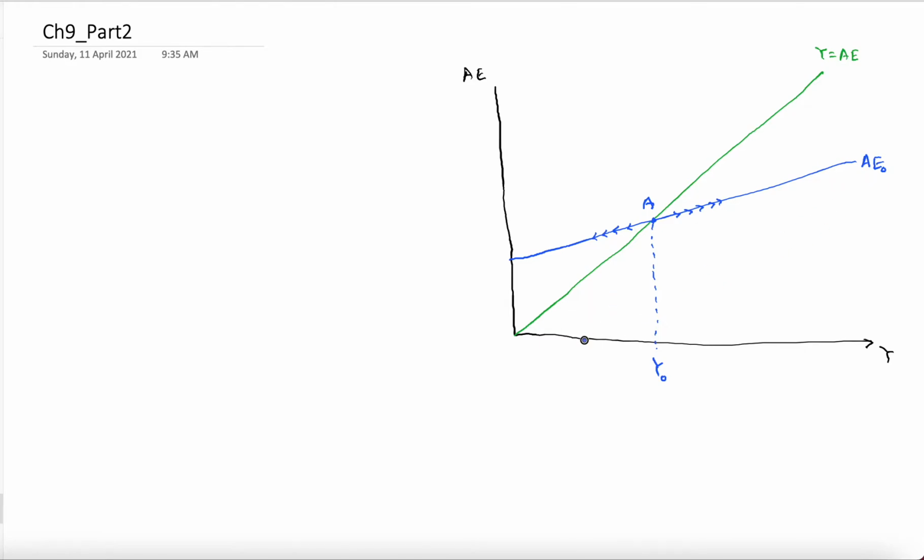Let's say if we have y1, actually we are going to be in point B here, and if the income is at y2, we are going to be in point C. And automatically, if the income drops, income is going to be bounced back.